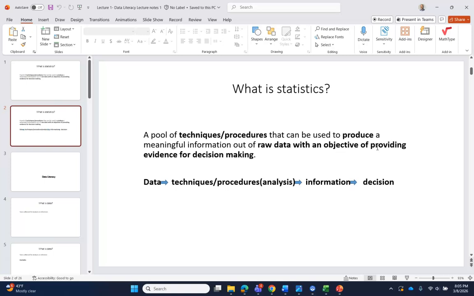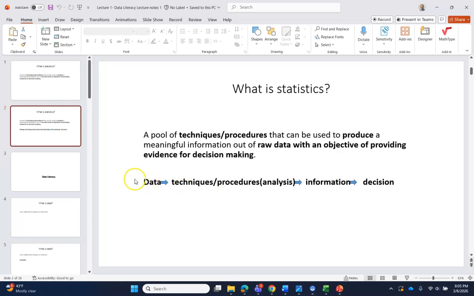What we are looking for here is evidence-based decision making, and our evidence can be obtained from the data. So it is very important to have data and then identify appropriate techniques or procedures to analyze it, so that we get information that will help us make a decision.